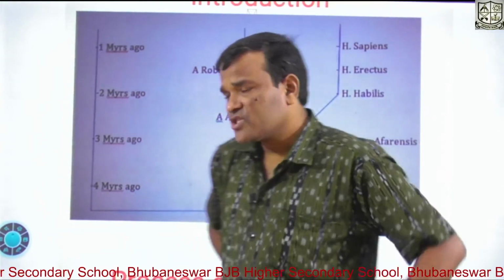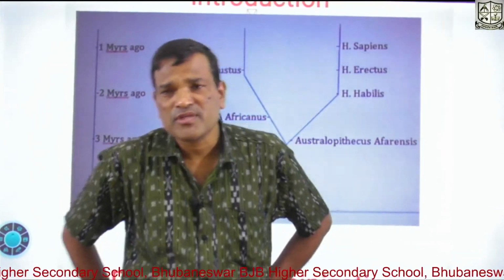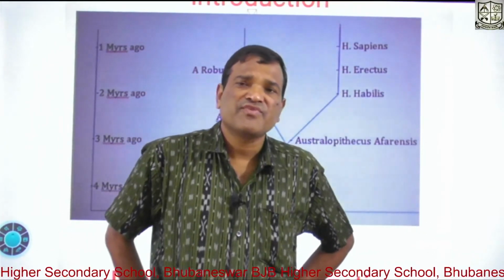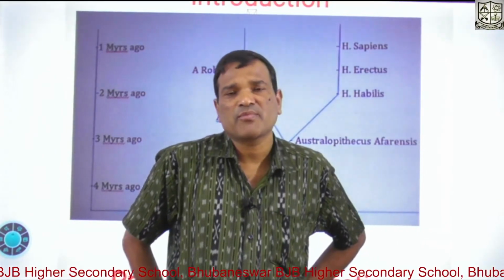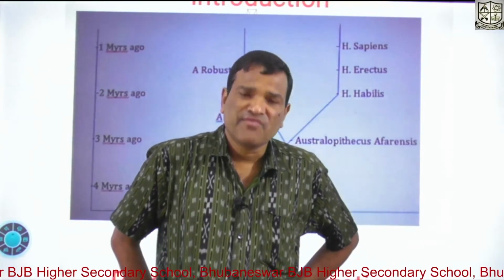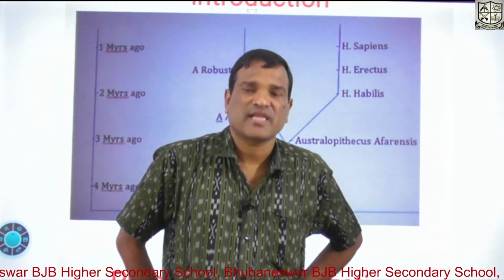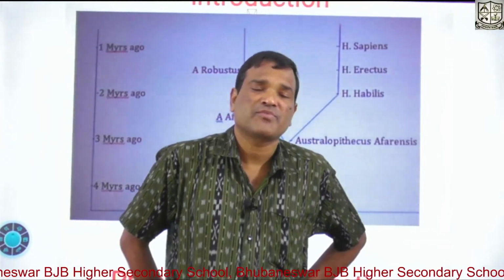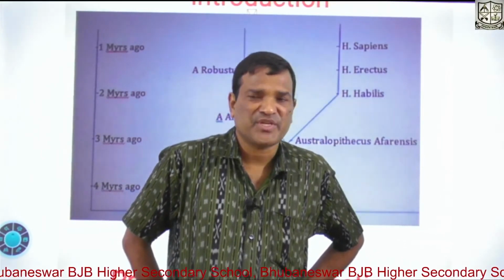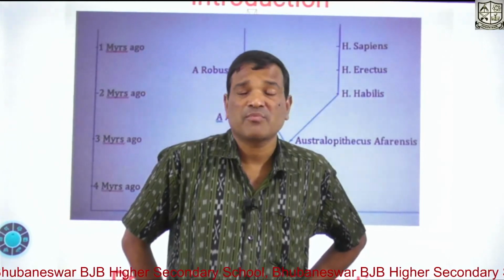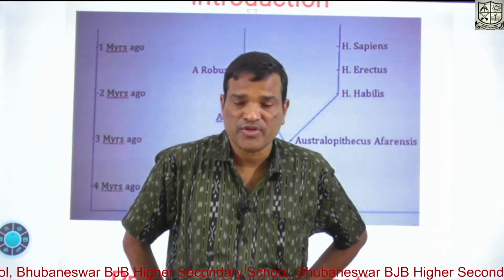Homo habilis developed during the lower Pleistocene. Homo erectus developed during the middle Pleistocene, and Homo sapiens or Neanderthalensis developed in the upper Pleistocene. Homo sapiens sapiens, or modern man, developed during the post-Pleistocene period, that is, the Holocene.